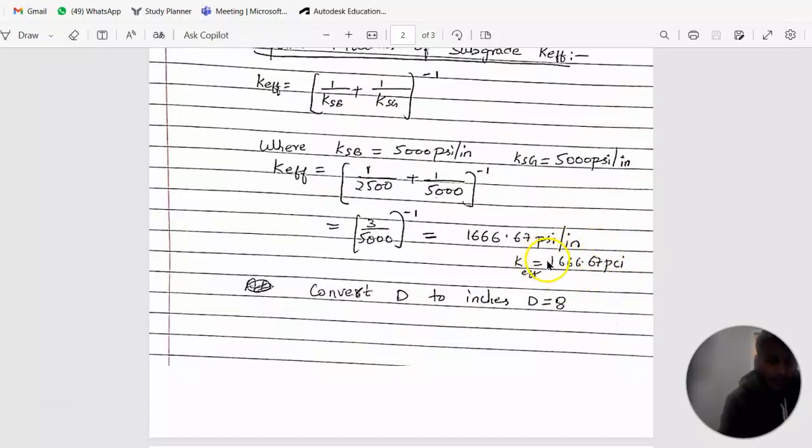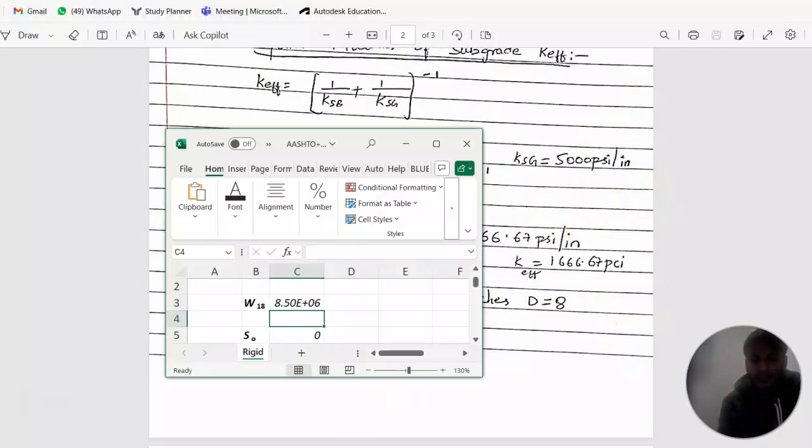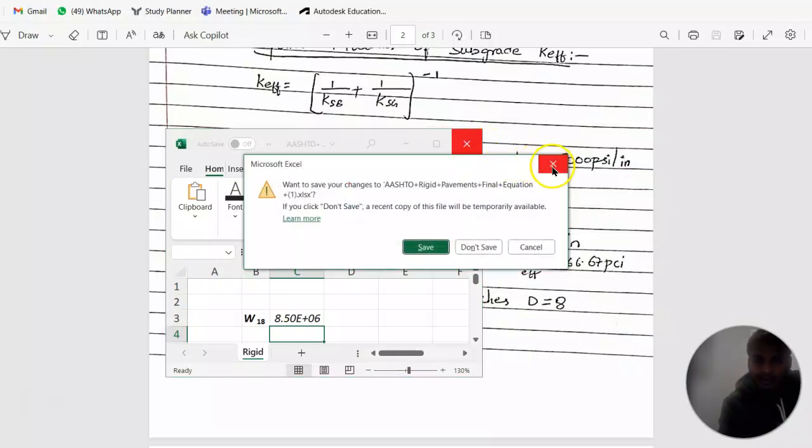Instead of that, if we take K equal to 350, which I have submitted in the Excel sheet, then we will get the exact value. If we take K equal to 350, then we can get the answer as 8.50E+06. So that's it. If you do all these things, then definitely we will get the final answer as 8.5 into 10 power 6 psi.